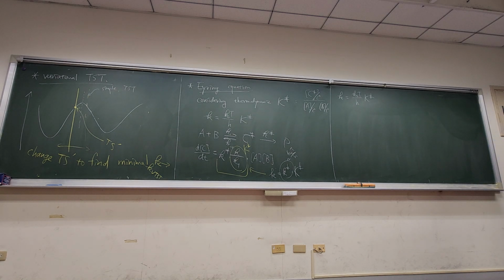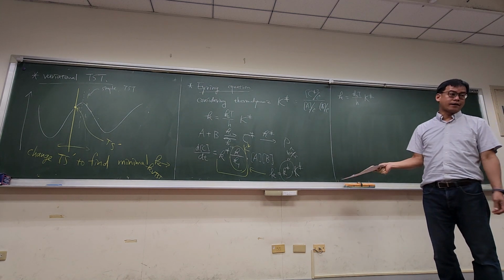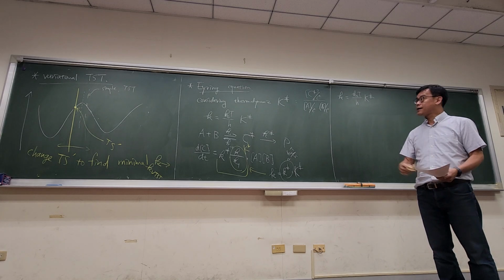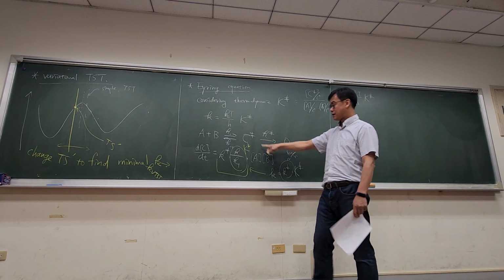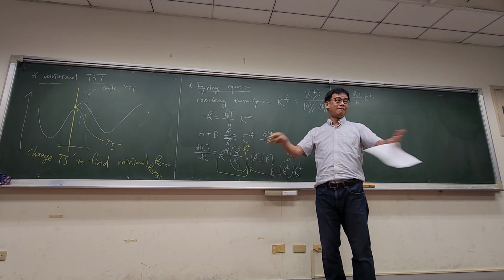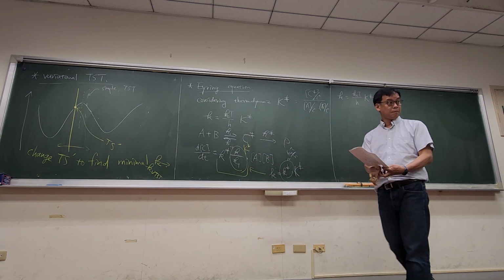So Eyring first derived the equation like this, basically using a kinetic argument. I say this is quasi-empirical because this part is empirical. There's no microscopic partition function whatsoever in this equation.